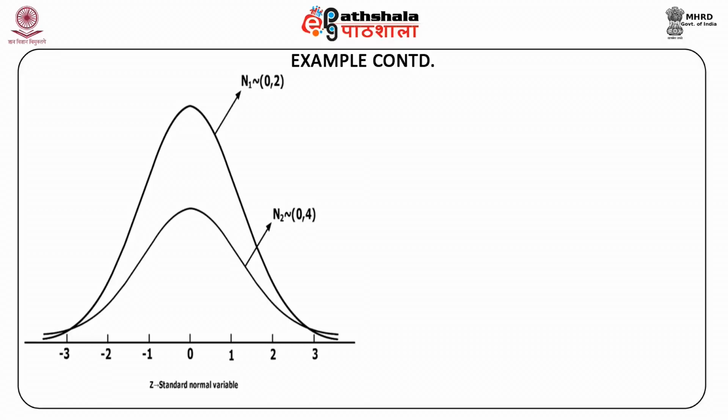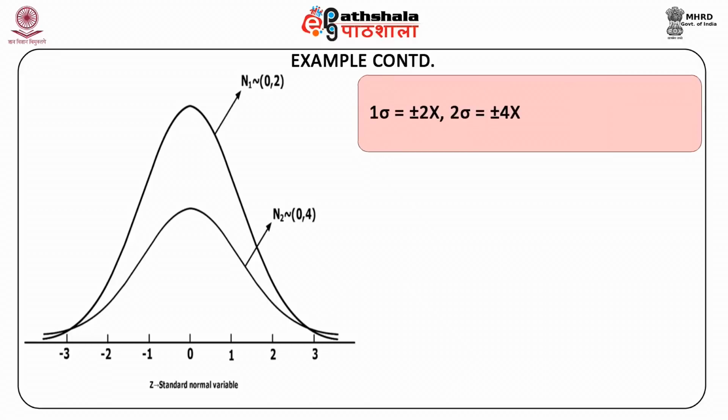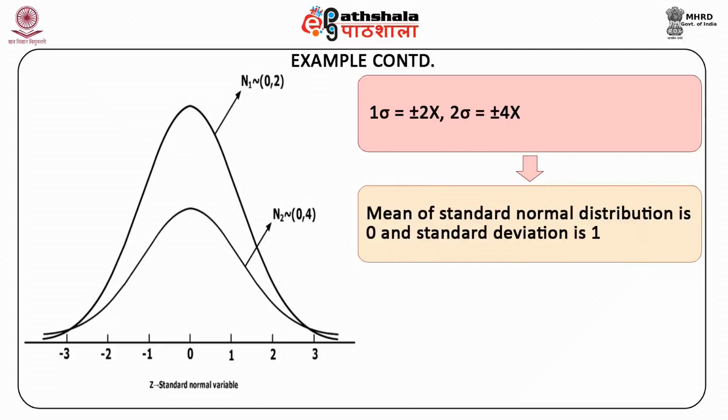In figure 1, sigma is equal to plus minus 2x, and therefore 2 sigma is equal to plus minus 4x. After the conversion process, the mean of standard normal distribution is 0 and the standard deviation is 1 always.